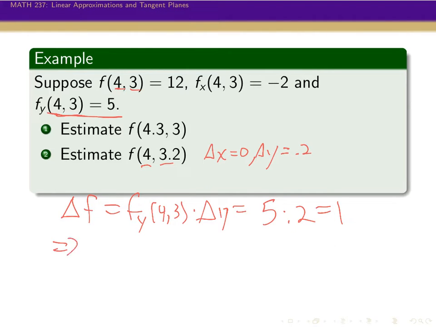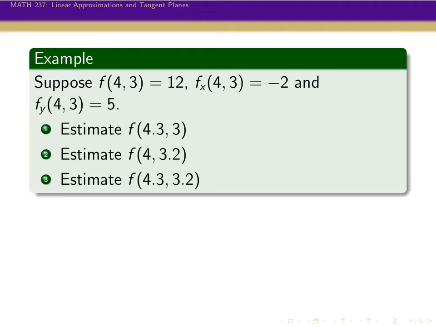And so we'd expect f at (4, 3.2) to be about 12 plus 1, which is 13. Okay, exact same idea as the previous one, except this time we're using y.